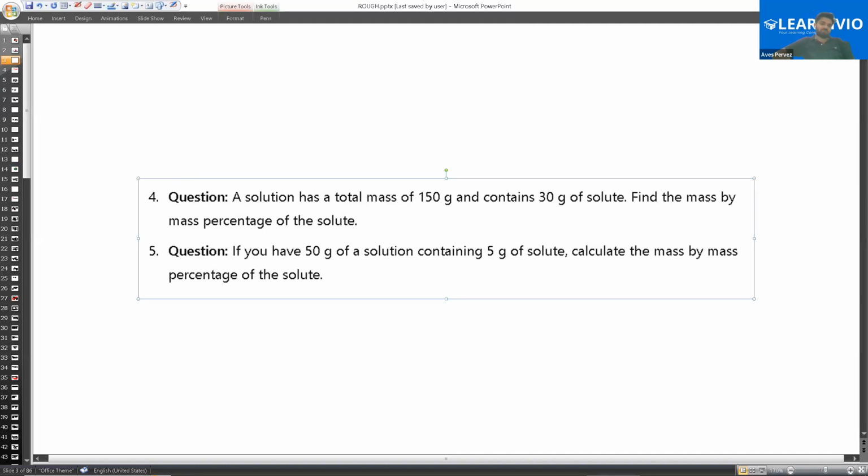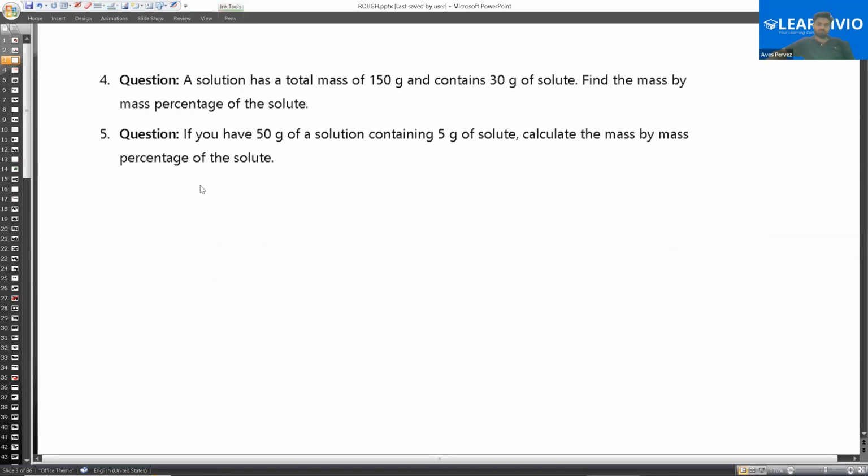Do question number 4, please. Sir, 20%. 150 grams solution contains 30 grams of solute. The solution has total mass 150 grams and 30 grams of solute.